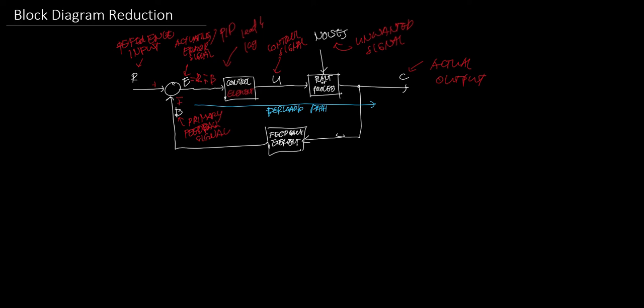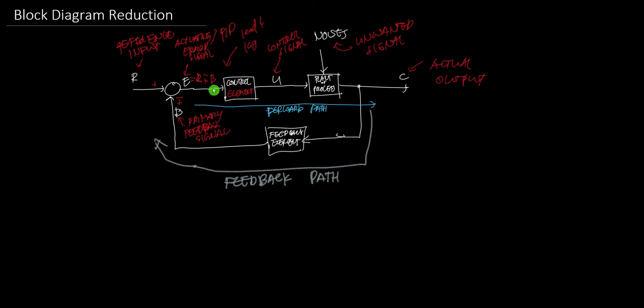Then from here, going back to the input, this is the feedback path. So the forward path is the path from the input to the output, while the feedback path is the path from the output to the input, the other way around. So this is the basic common control system.